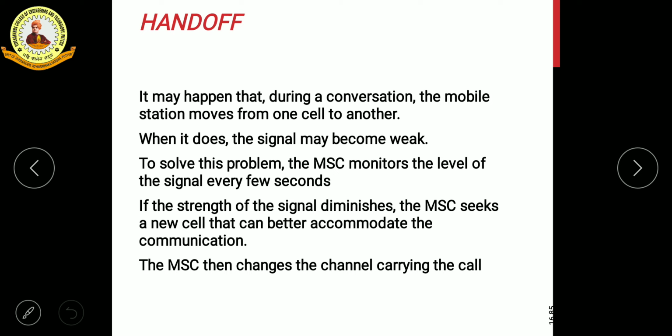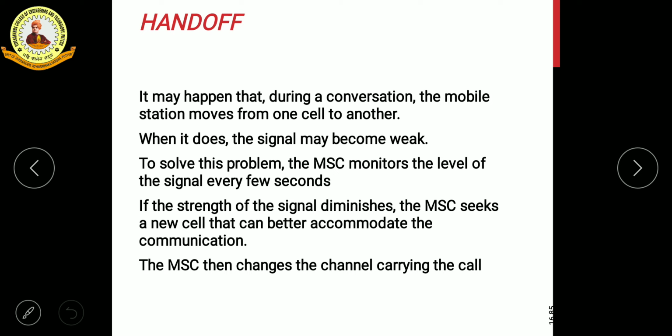Then how the mobile service providers act on that is what we are learning in handoff, right? When during a conversation the mobile station moves from one cell to another, the signal may become weak, right? To solve this problem, the MSC monitors the level of signals every few seconds. That's why your battery drains. If the strength of the signal diminishes, the MSC seeks a new cell that can better accommodate the communication.